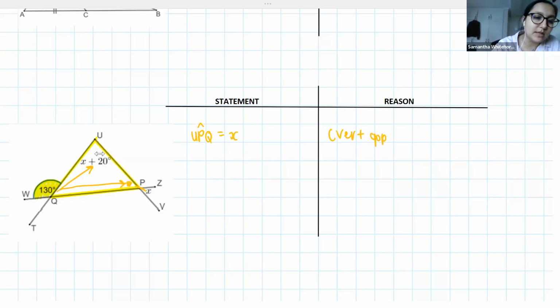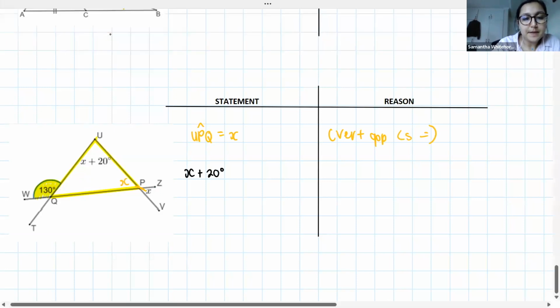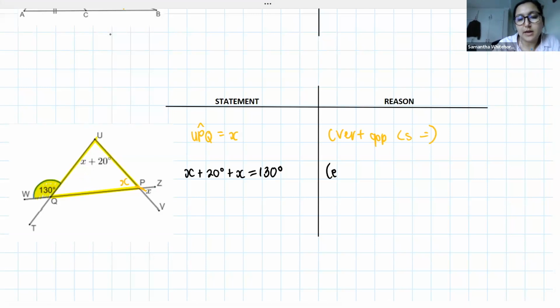And now that I know that this angle here is equal to x, I can use my exterior angle of a triangle. So I know that x plus 20 plus x must give me 130 degrees, that exterior angle. And now I can solve. So x plus x are like terms, so we get 2x plus 20 equals 130 degrees.